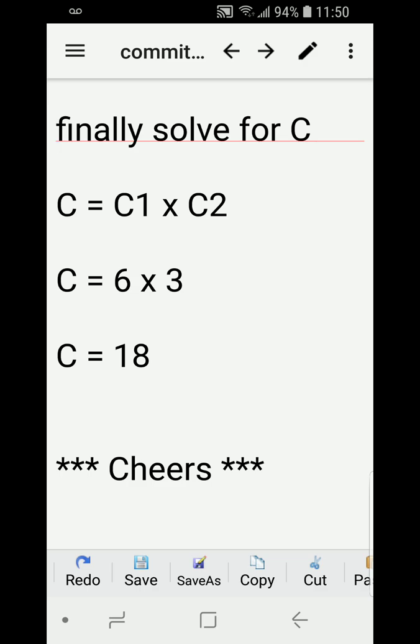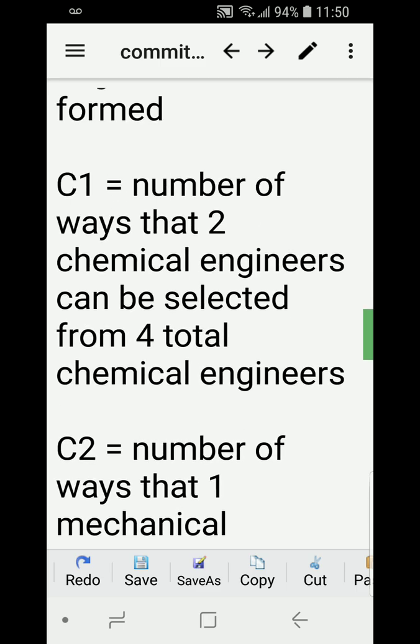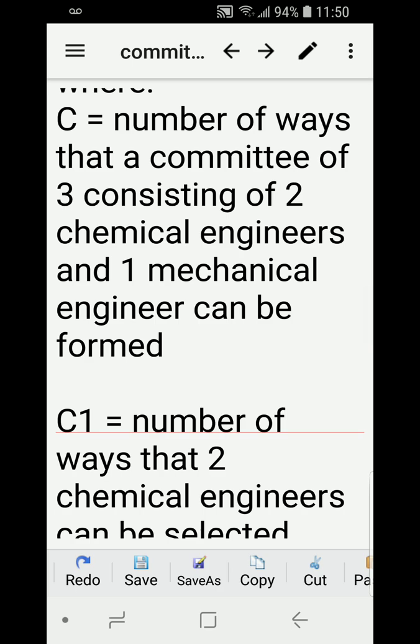That is the final answer. So 18 is the number of ways that a committee of 3 consisting of 2 chemical engineers and 1 mechanical engineer can be formed.